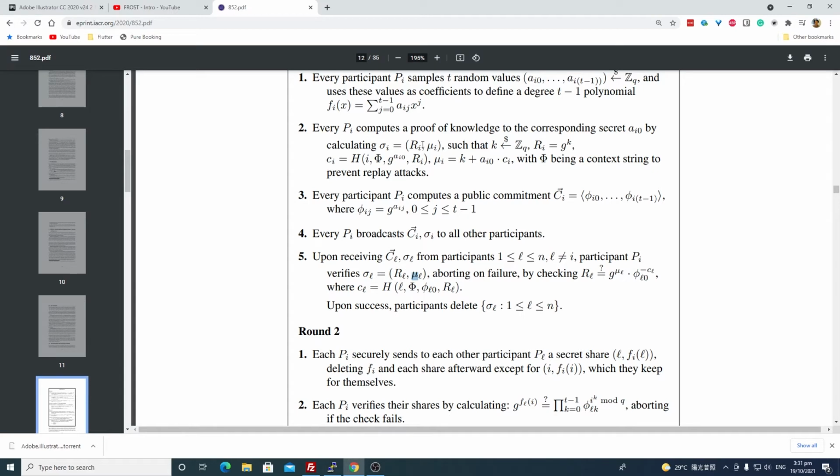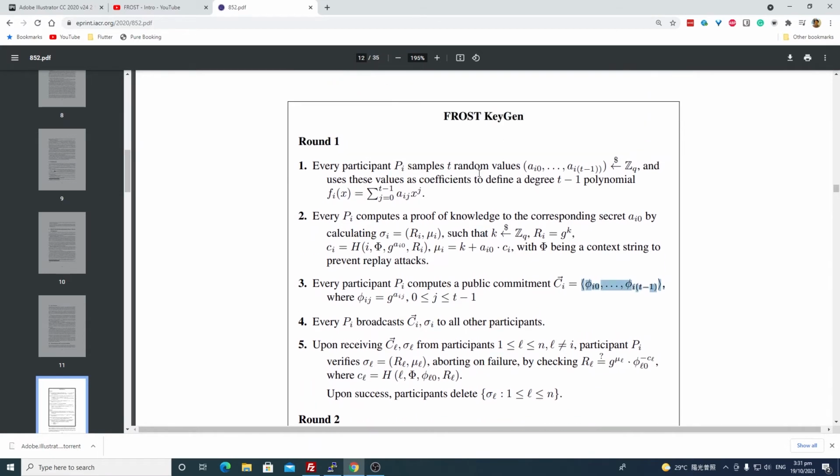Yeah, mu l is this term, right? This is exactly the verification algorithm for Schnorr. And when this is okay, we can forget about the signature. The signature was just to ensure that the user who sent this commitment vector knows that secret.